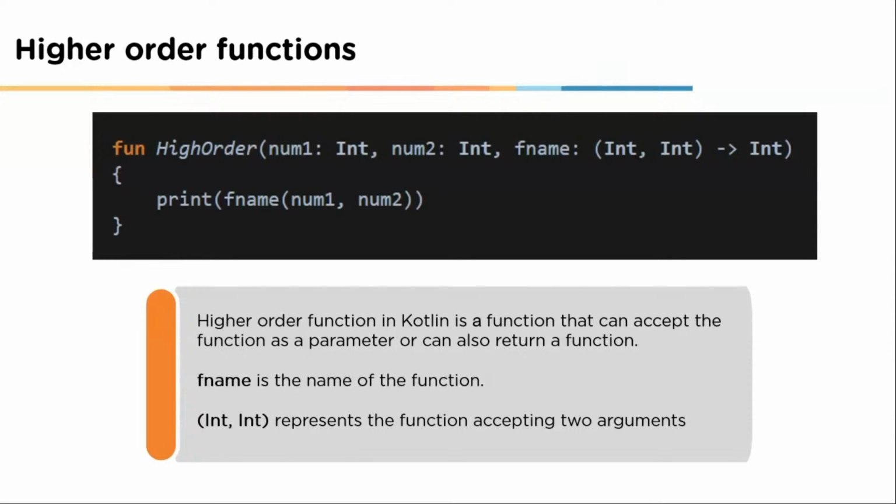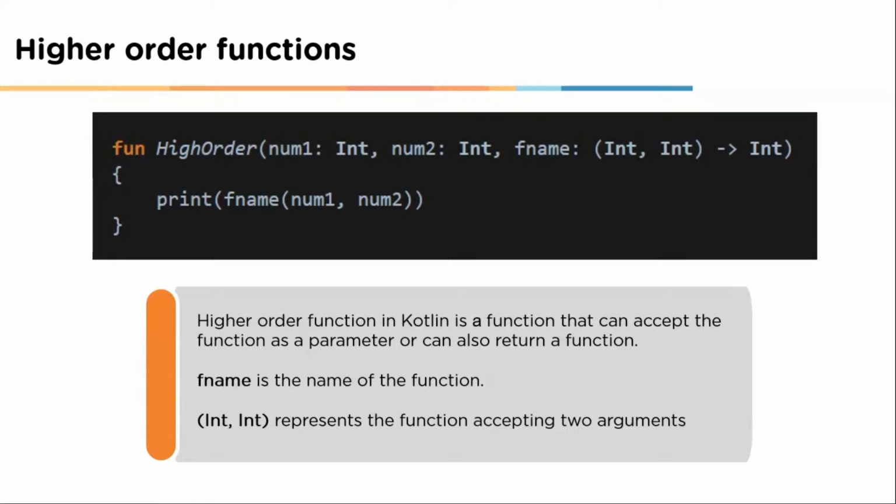So, as we can see in the example of higher order function, the name of the function is high order and it is accepting 2 integer values, num1 and num2, and a function whose name is fname. Now, this function fname is accepting 2 integer values and its return type is int. Inside the function body, we are calling the fname function and printing it.